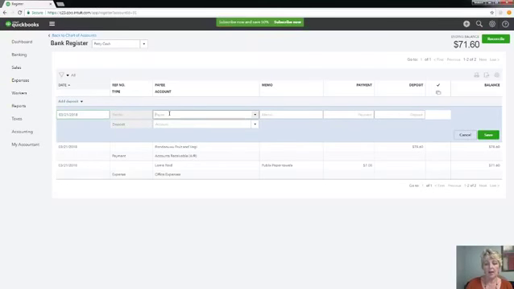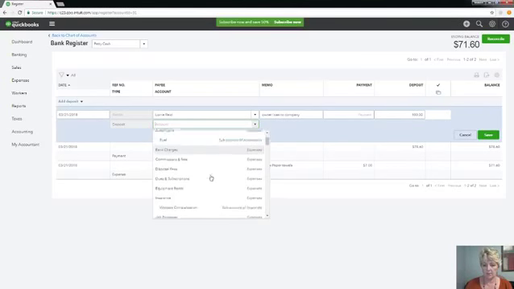And the deposit is going to be me, owner loan to company. And we're going to deposit $100. And this is going to be to our equity account, whatever equity account.